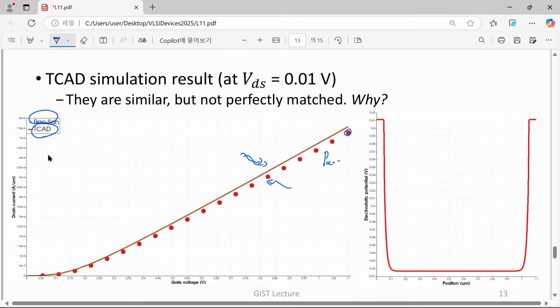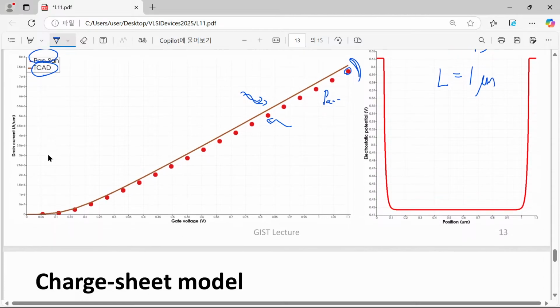The reason why we have small differences here is this is my TCAD structure, and I assume that our length is 1 micrometer. Please find 1 micrometer. Where can you find it?